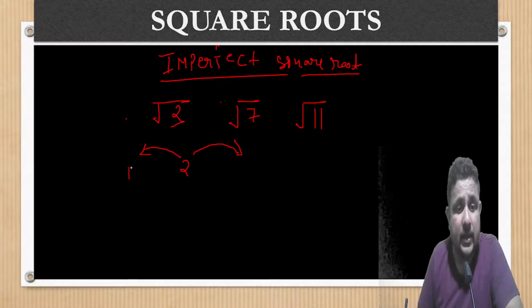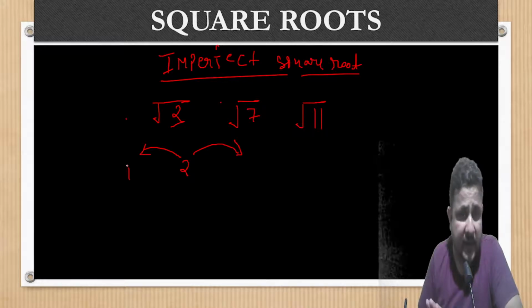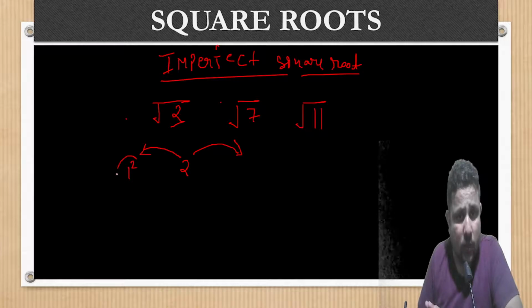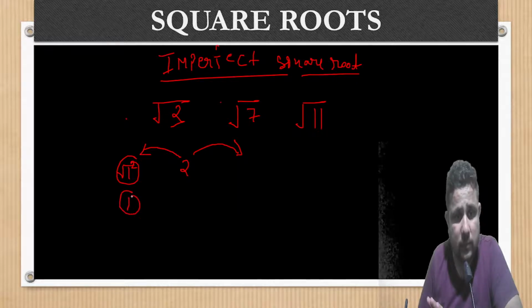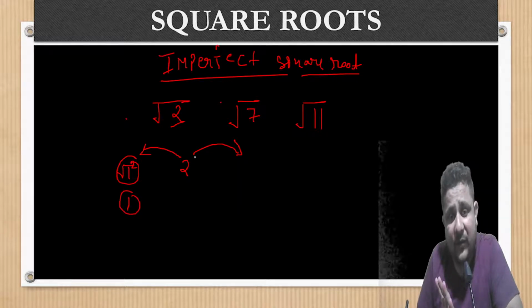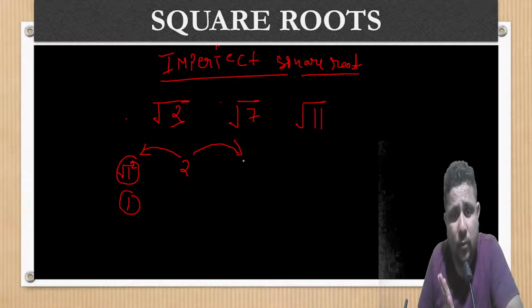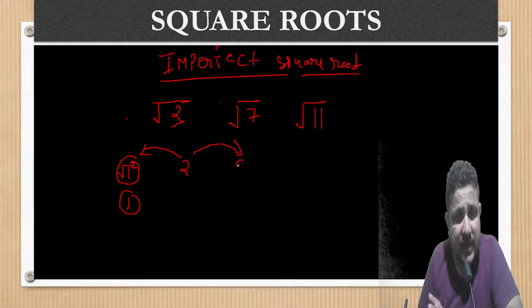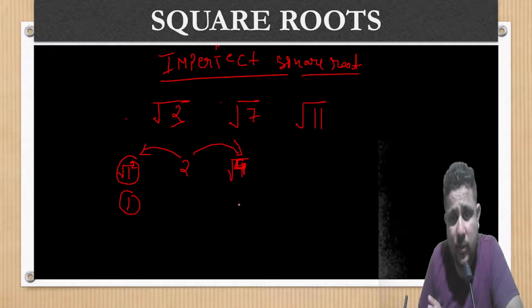So if you find the square root of 1, you will get 1. And after 2, which number is a perfect square of some number? You will say 4. And the square root of 4 is going to be 2.